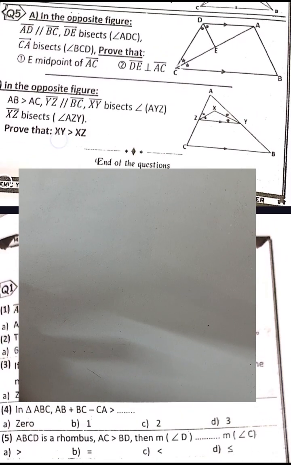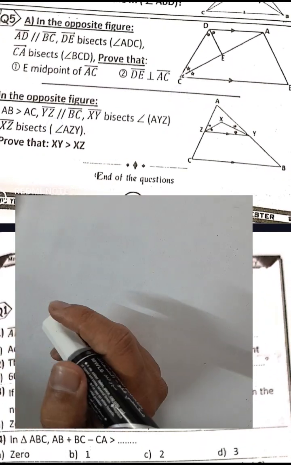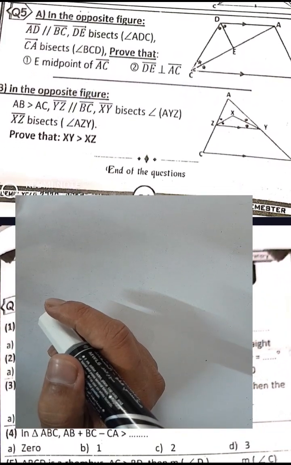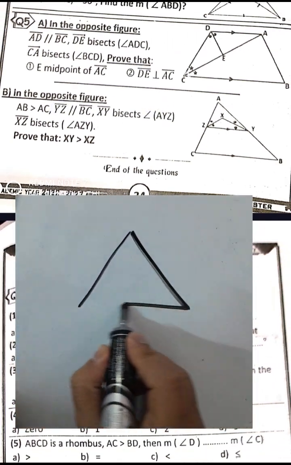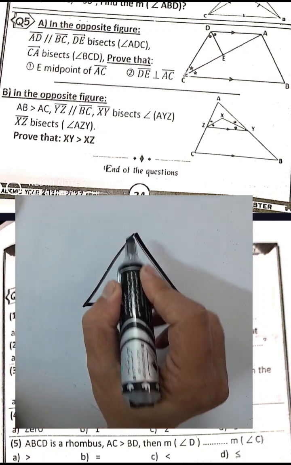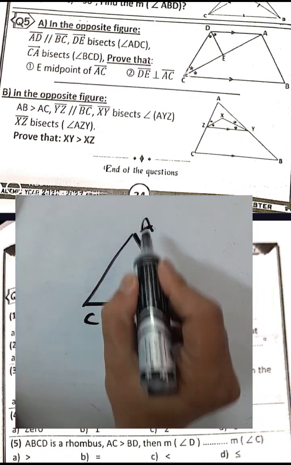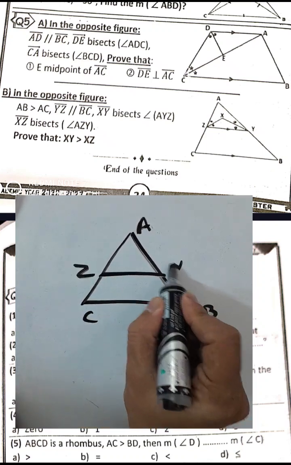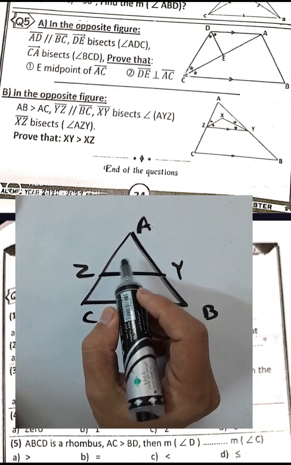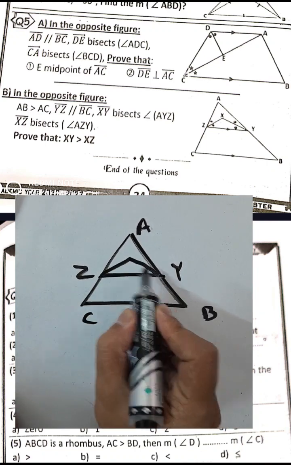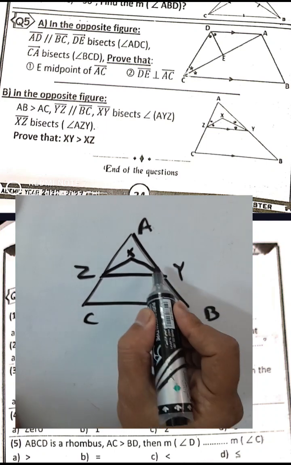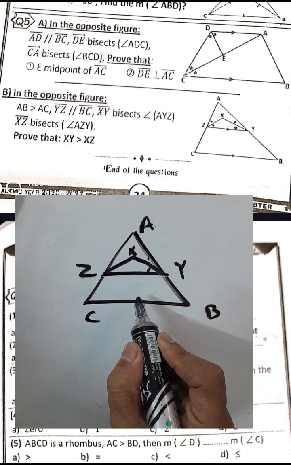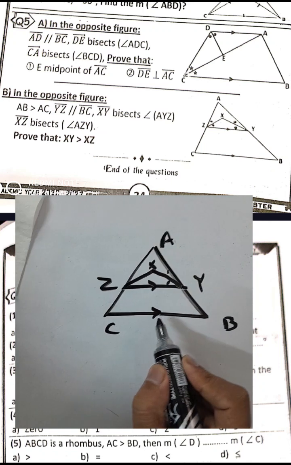In the opposite figure, you want to prove that YX greater than XZ. We have a triangle ABC and ZY parallel to the base, and X is the bisect of angles, and it was parallel to the base.